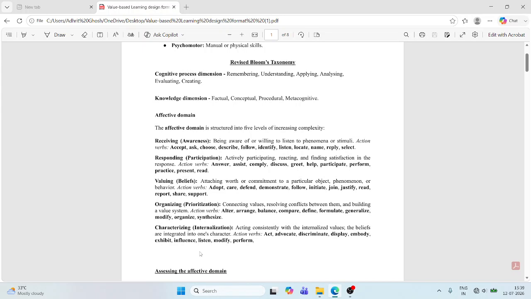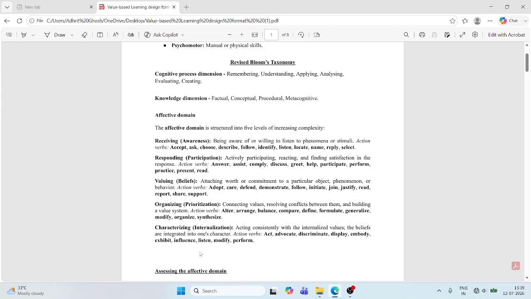Chiefly, it has 5 levels of increasing complexity. The first one is receiving, wherein the individuals receive certain information through stimuli and they become aware of it and they are willing to listen to it. So that is the receiving part.